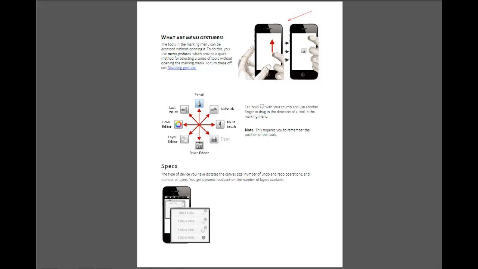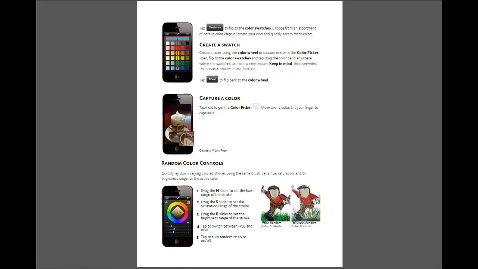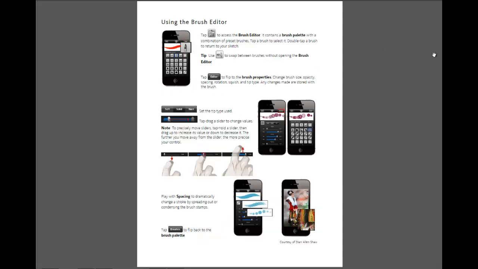I like what they've done with magnified views of items that are in the user interface. So here you can see a pop-out of what's on the screen, and another example is here, and you can see that here also.